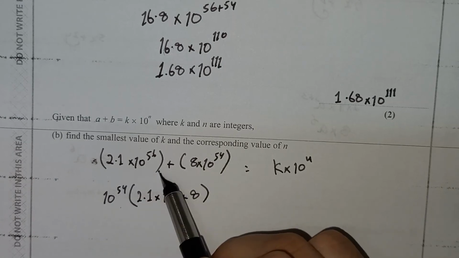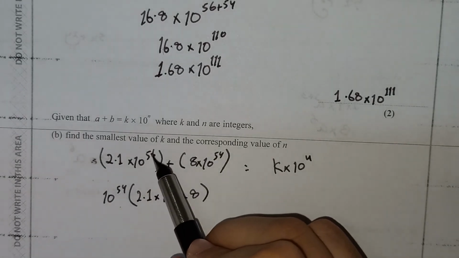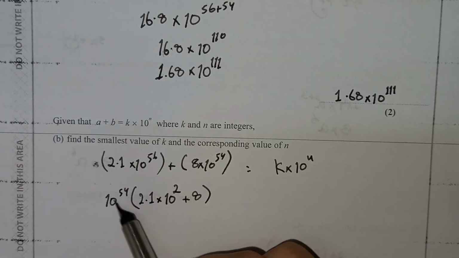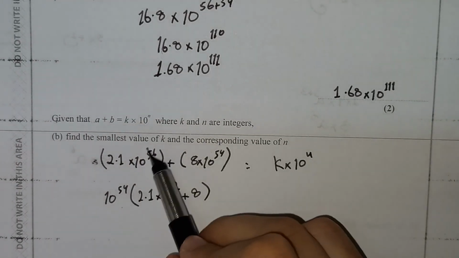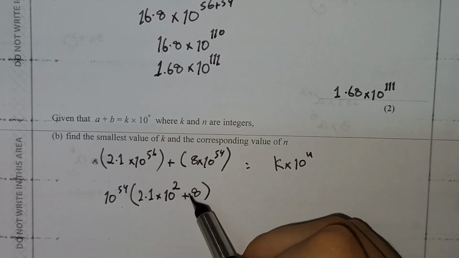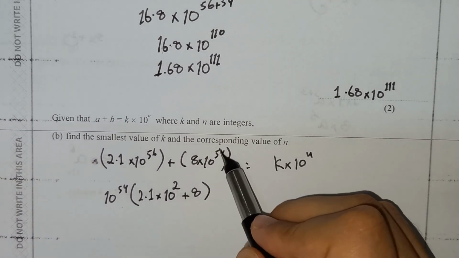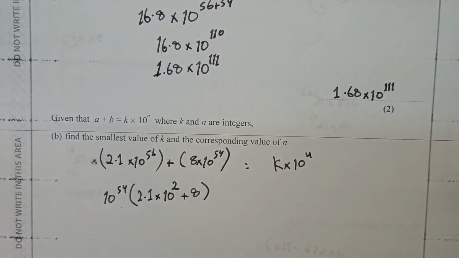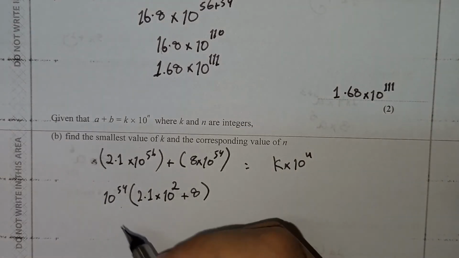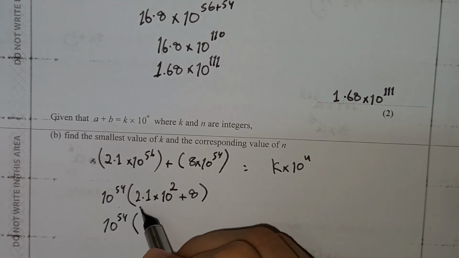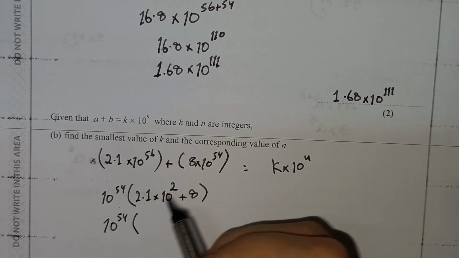Dividing the first term by this gives us 2.1 into 10 raised to the power 2, because when 56 is divided by 54, their powers subtract and it leaves us with 2. And when you divide the second term by 10 raised to the power 54, it leaves us with 8 only. Now simply we are going to solve the inner part, which gives us 2.1 multiplied by 100 plus 8.